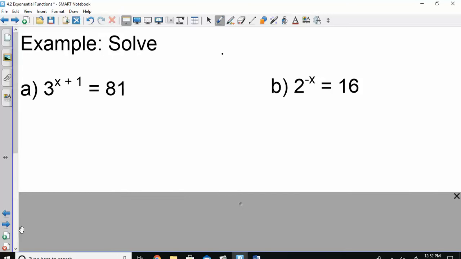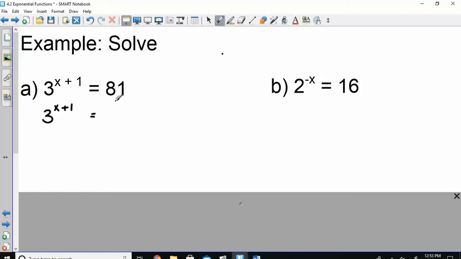So our first problem, 3 to the x plus 1 power equals 81. What I need to do in order to use this property is to get the same base on each side. I cannot break down 3, so that's just going to stay the same.